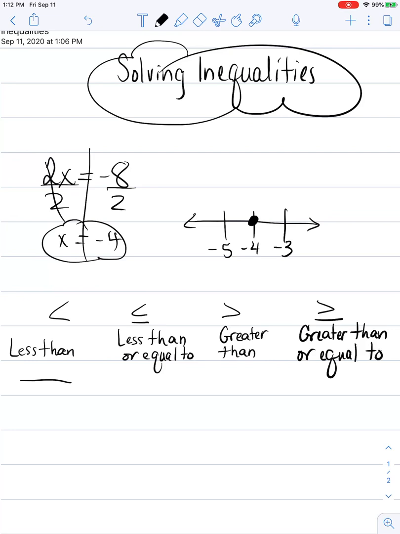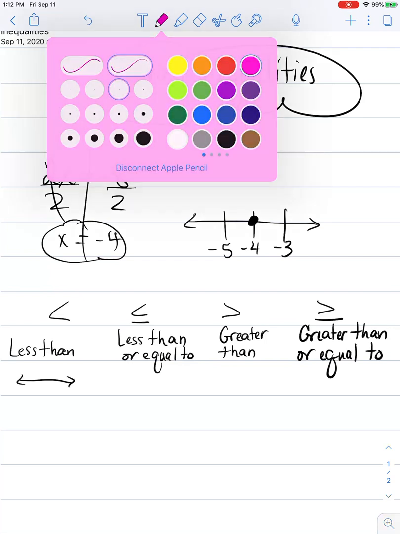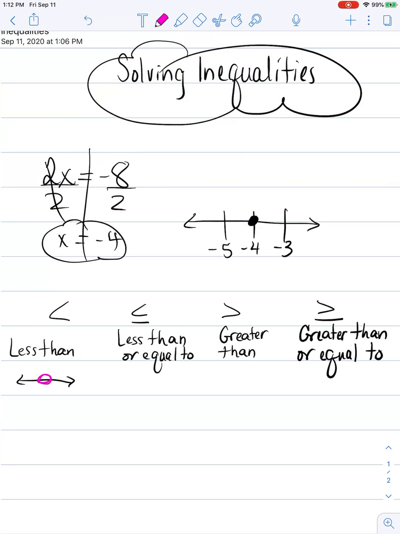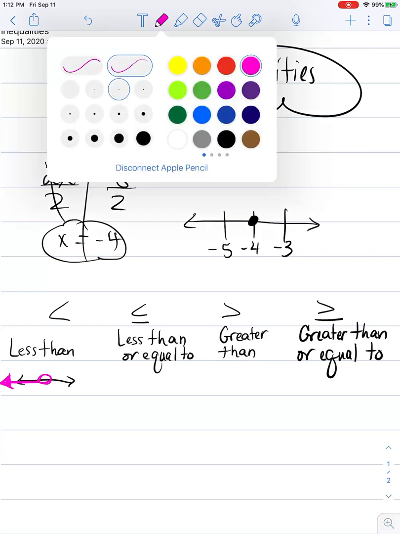On a number line, the way we show this: for less than, we would have an open circle, and then we would shade to the left, or shade all of the values that are less than the number that we get.